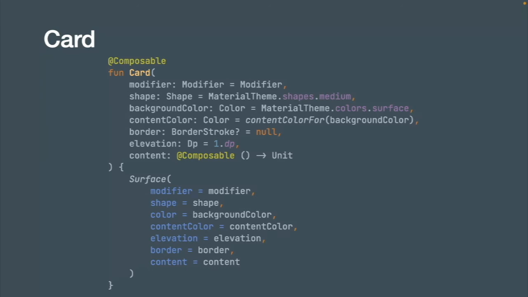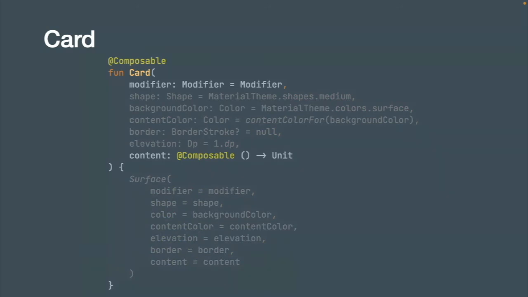It's nothing but a surface with a few default values. So you can see under the hood, it's a surface. You always have to take in a modifier in case your consumers want to customize things. And the content that's going to be within the card, it passes directly to the surface that it emits.